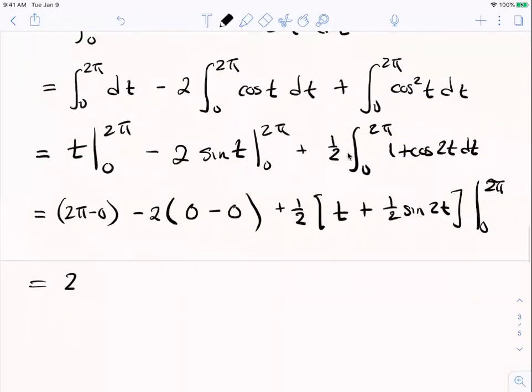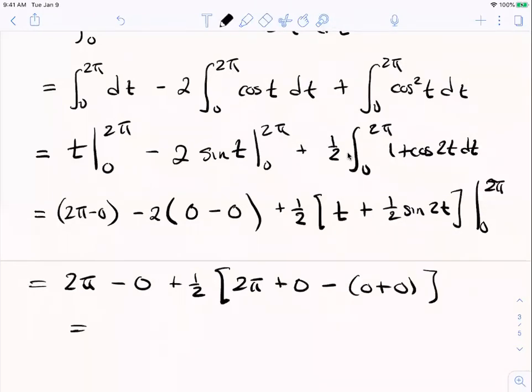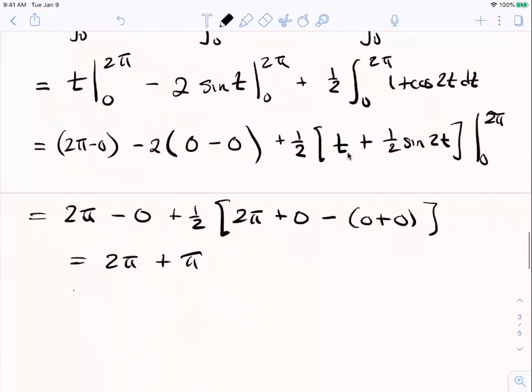What do we got here? 2 pi, take away 0, plus 1/2. When we plug in 2 pi for t, we get 2 pi plus 1/2 the sine of 4 pi, that's 0, take away 0 plus 0. All right, so it looks like we got 2 pi plus 1/2 of 2 pi, which is pi. The area under one hump of that cycloid, one bump of our curve, is exactly 3 pi.